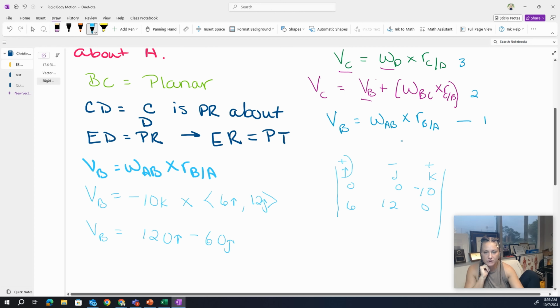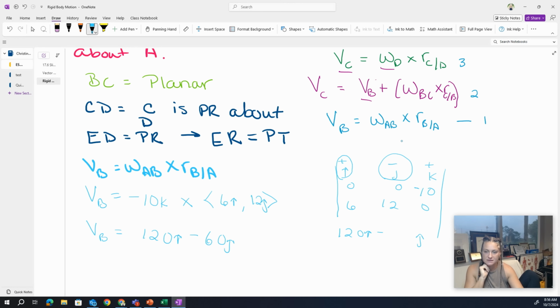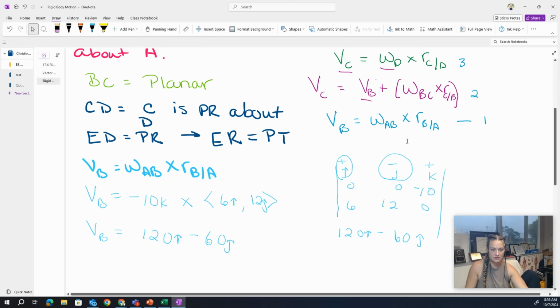For the first one, I bring the plus in the I, and I do 0 times 0, 0, minus 12 times negative 10, which is 120I. Then I do that for the second one. I bring down the negative and the J, and then I cover this one up, and I do 0 times 0 is 0, minus 6 times negative 10, which is going to be 60J. Okay, just if you needed a quick review of that. All right, so this is equation 1.